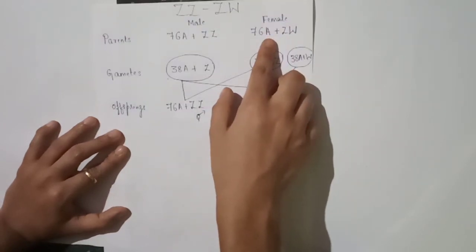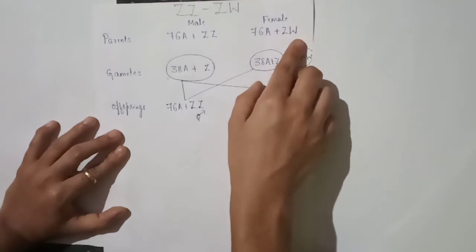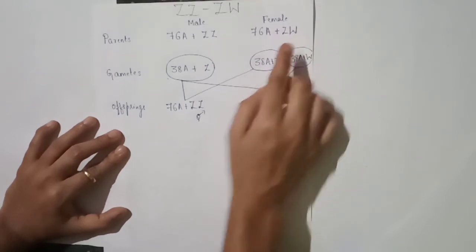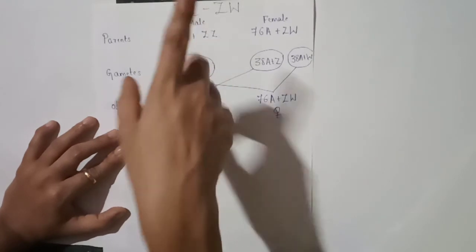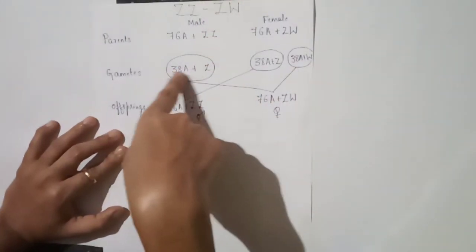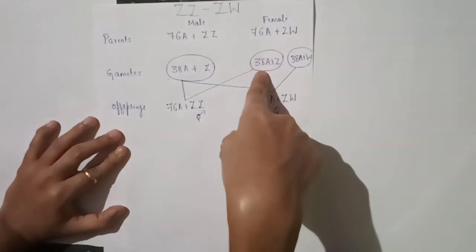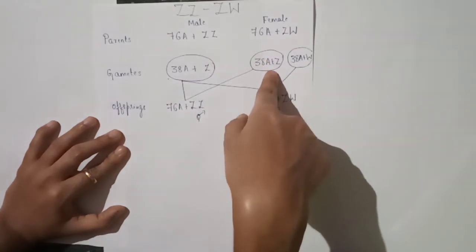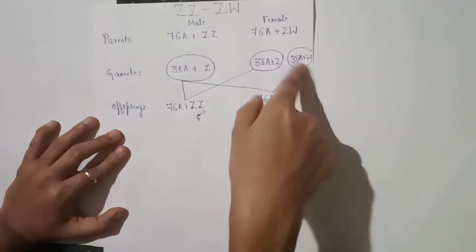Whereas in female, 76 autosomes are present and ZW allosomes are present. In gametes, the male produces only one kind of gamete, all with Z, whereas the female produces 50% of egg cells with Z chromosome, remaining 50% with W chromosome.